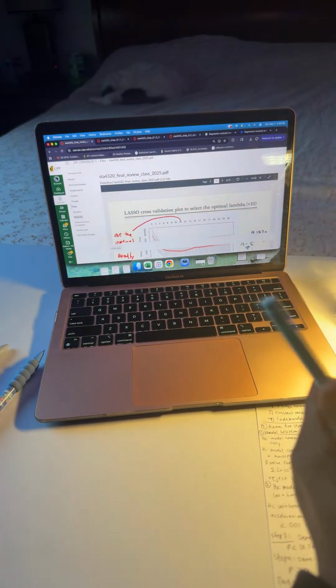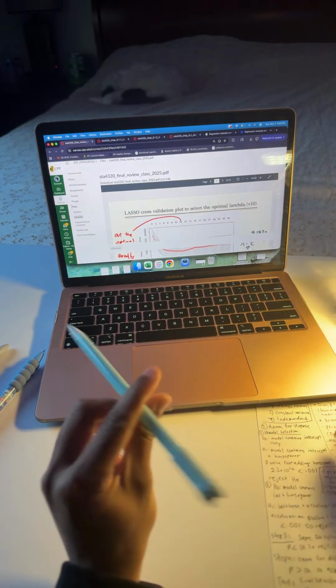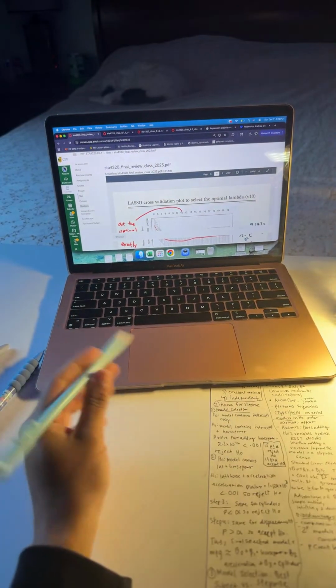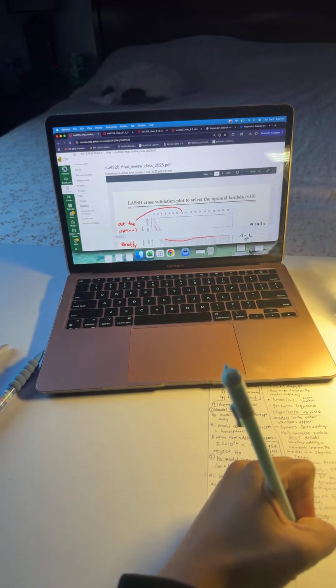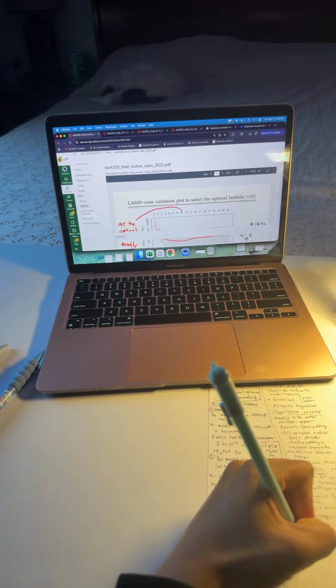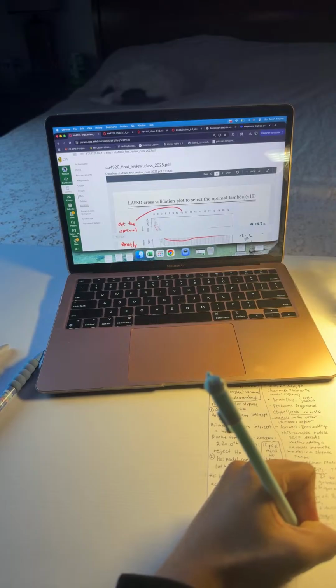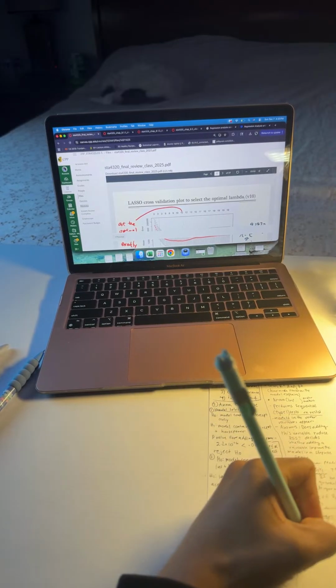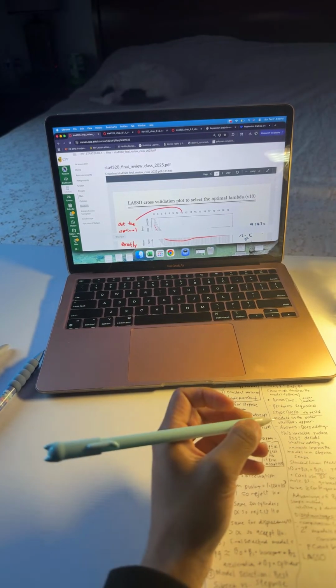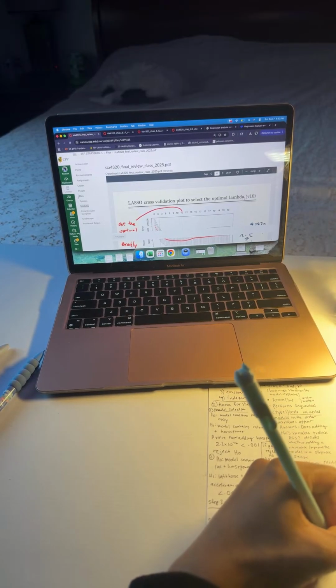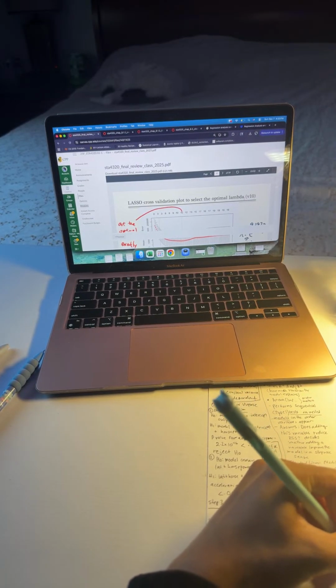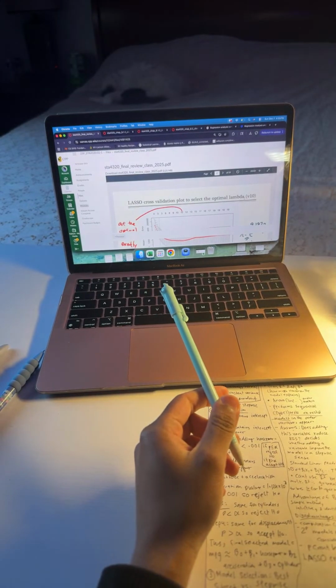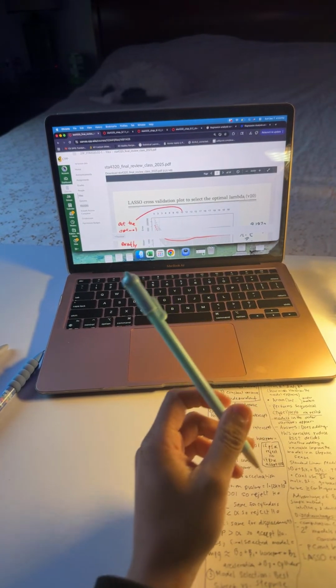Whoa, I got it. I got this. Let's see. Lasso cross-validation plot to select the optimal lambda.